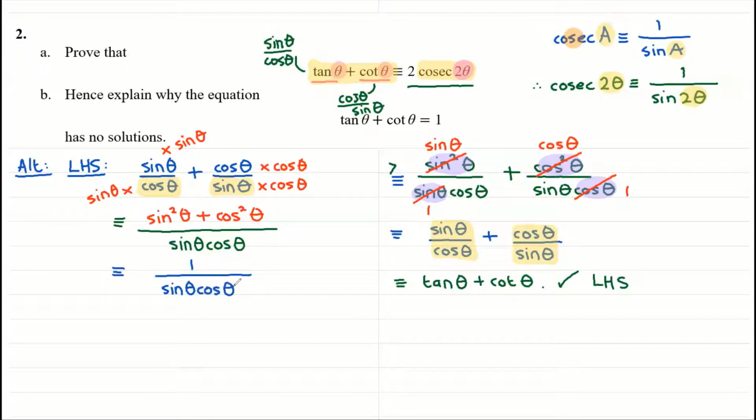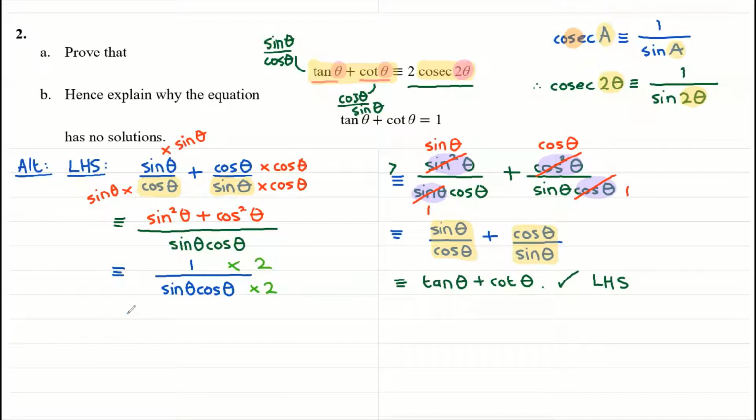And this is also where that rough work really came in handy before. We want 2 sine theta cos theta to use that double angle identity. Well, we can do that. We just have to manipulate the fraction slightly. So wouldn't it be great if we just multiply the numerator by 2 and the denominator by 2?